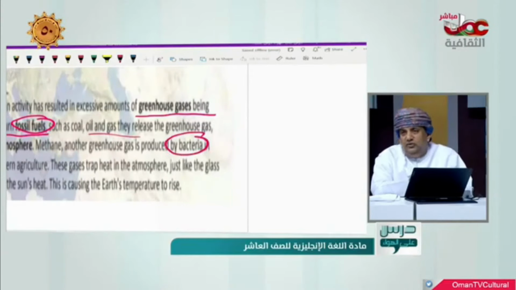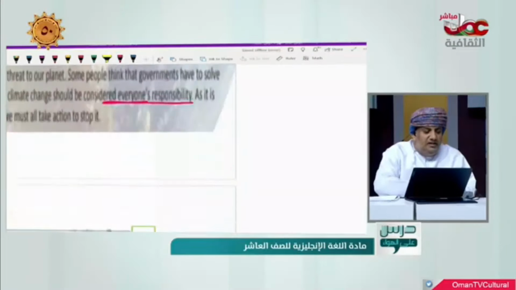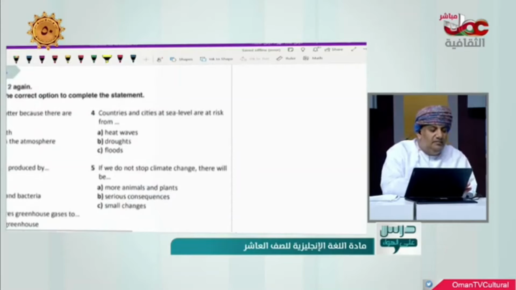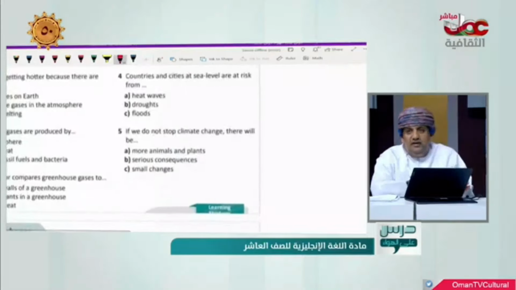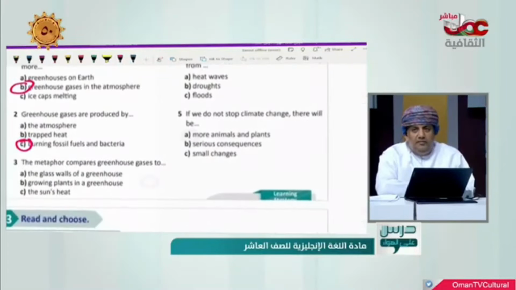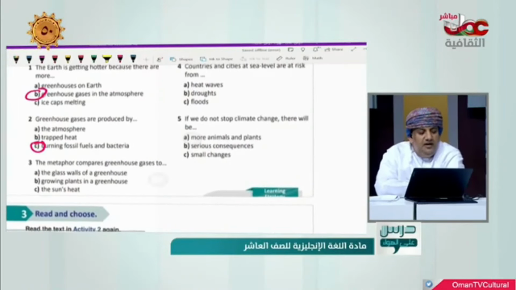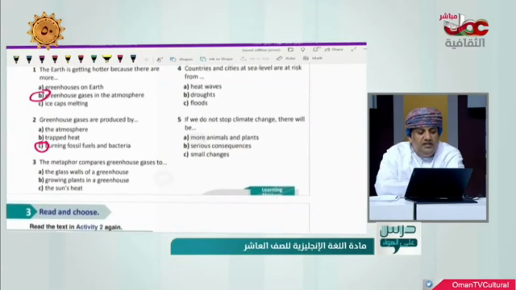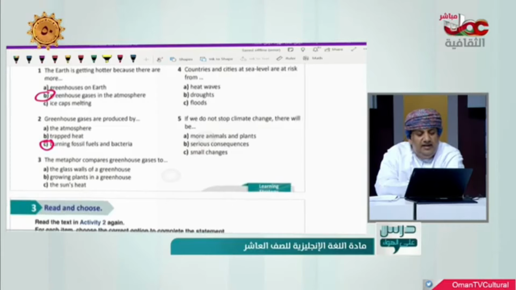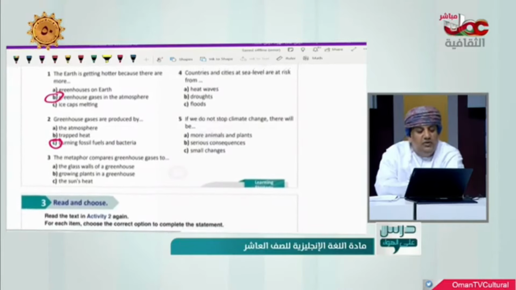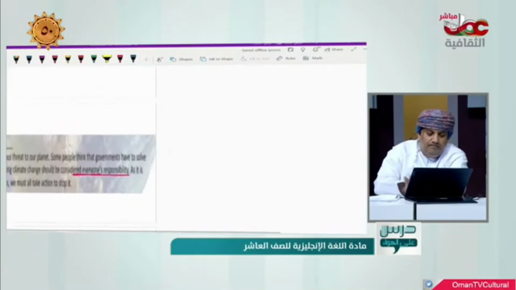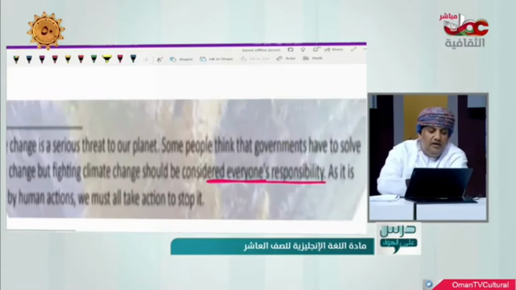So we have 2 items here. So the best answer here is C, burning fossil fuels and bacteria. Okay, number 3. The metaphor compares greenhouse gases to the glass walls of greenhouse, growing planets in a greenhouse, or the sun heat. So let's go back to paragraph number 2.